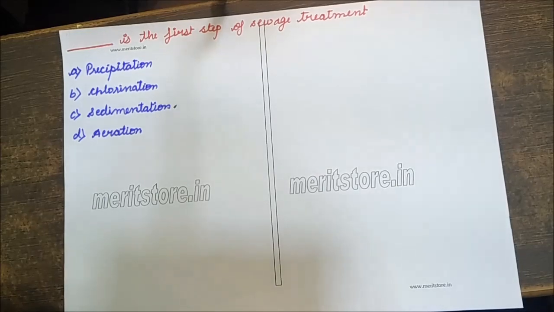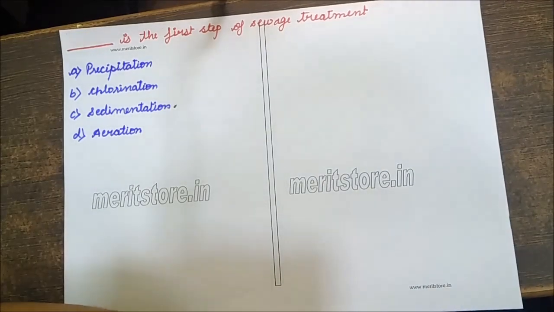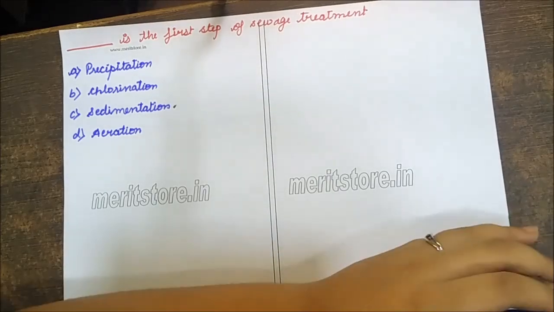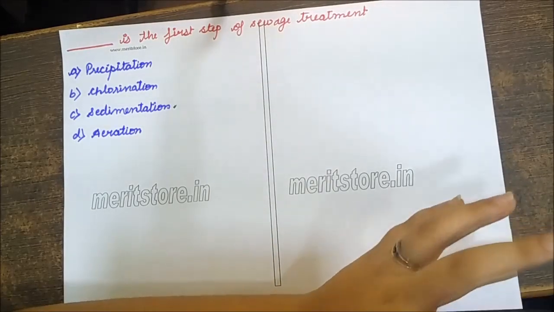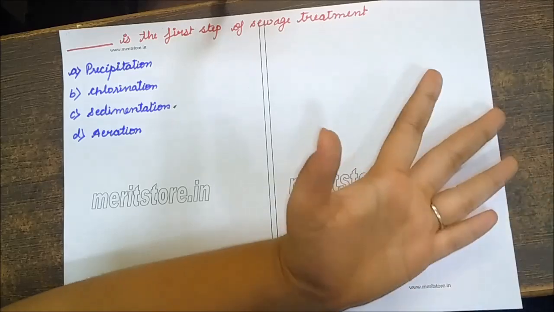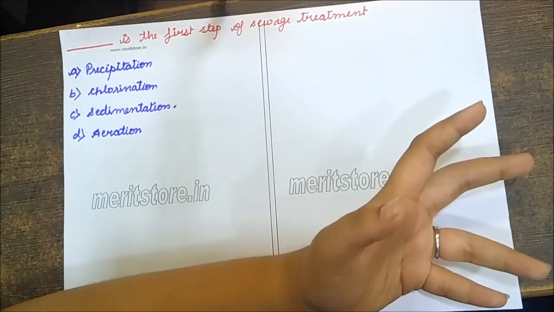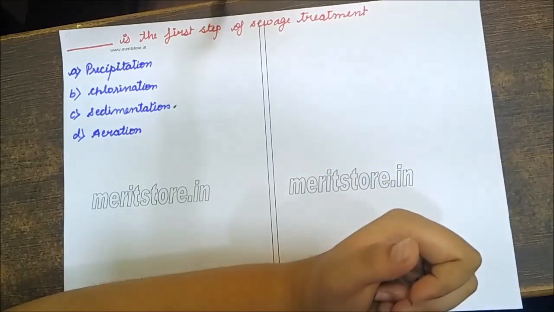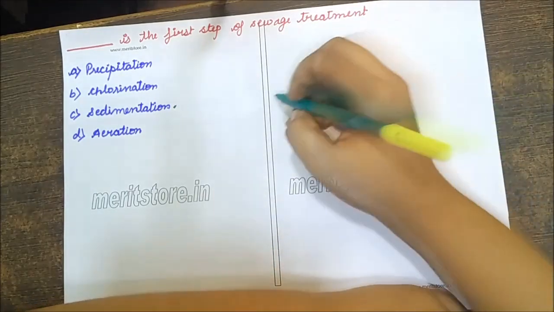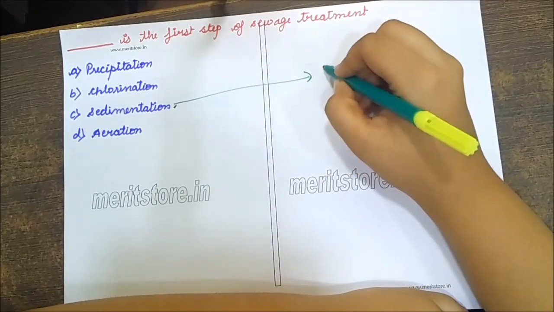Primary treatment in sewage treatment involves physical removal of particles, large and small, from the sewage through filtration and sedimentation.